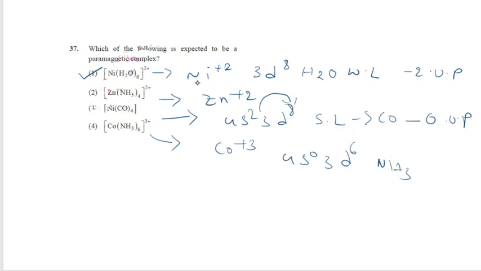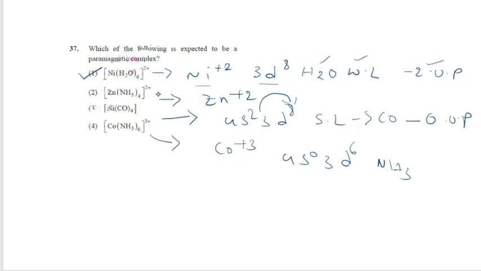If we consider the first one, Ni plus 2 is the metal ion, where the configuration is 3d8. As H2O is a weak ligand, there are two unpaired electrons in the central metal ion. Hence, it is paramagnetic in nature, weakly attracted by the external magnetic field.